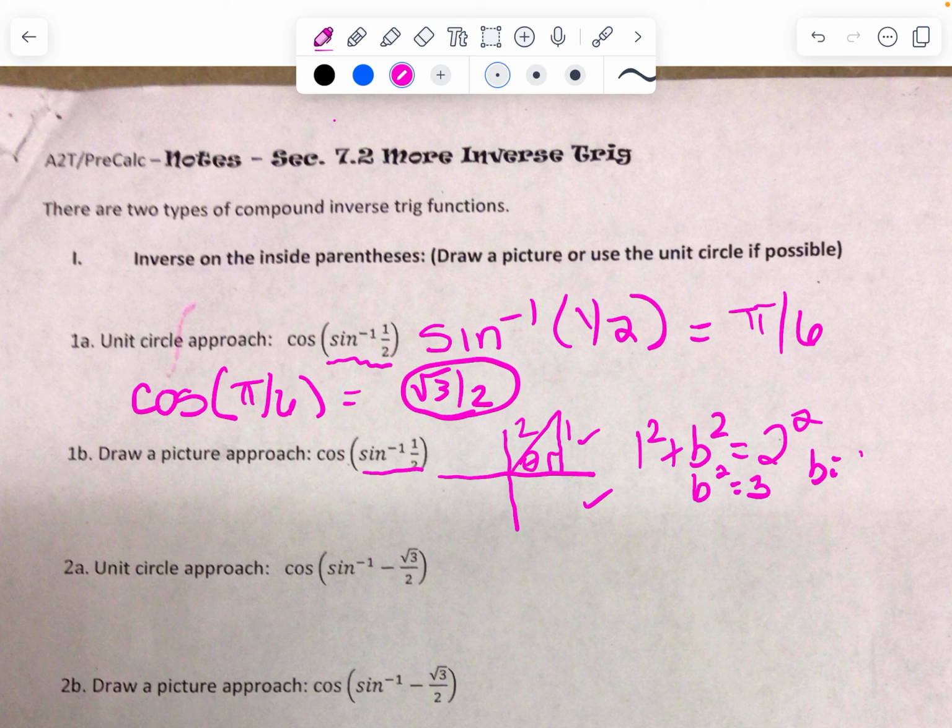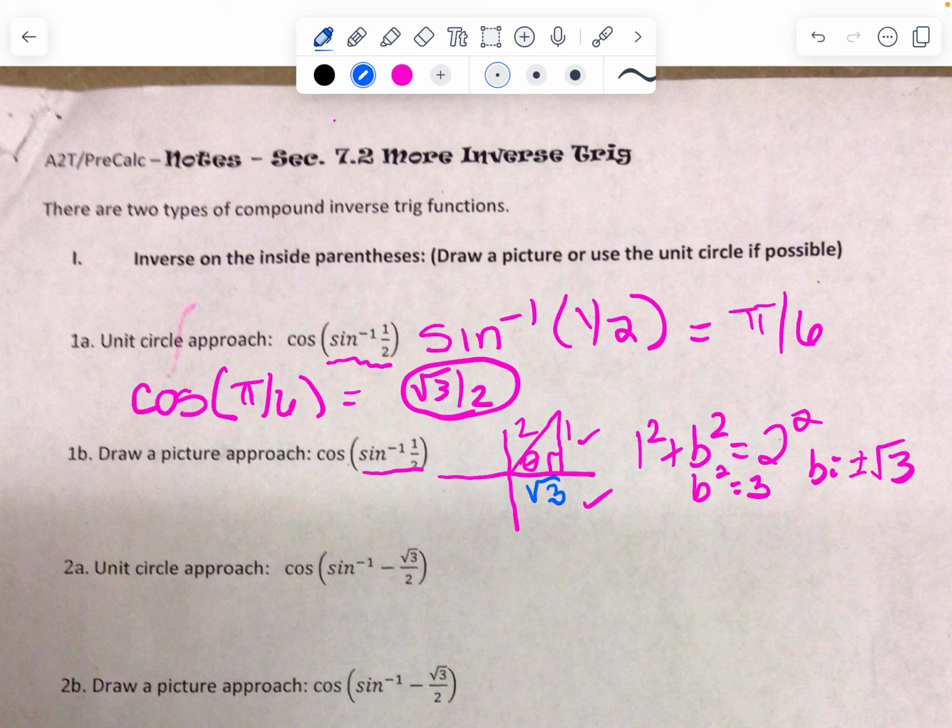B is plus or minus √3. And remember, you have to check if it's plus or minus. Since this is on the positive x-axis, it's positive √3.